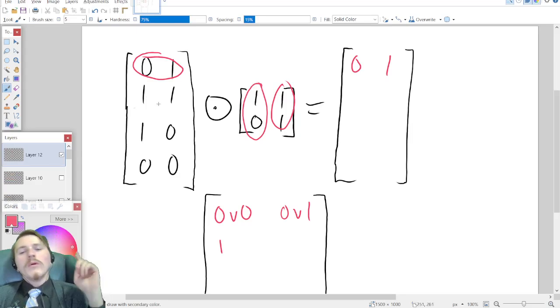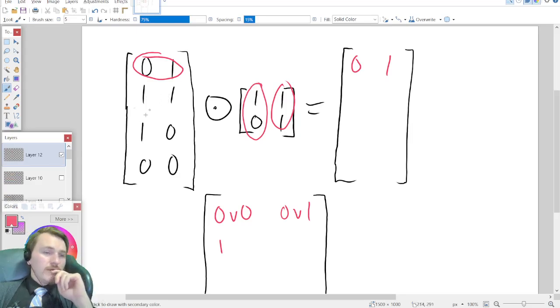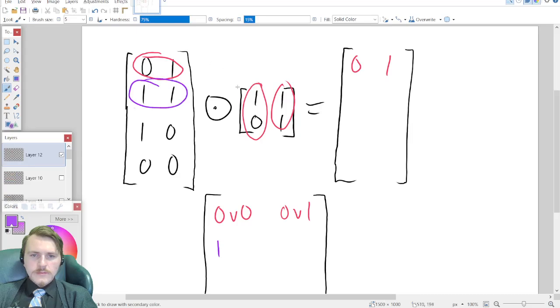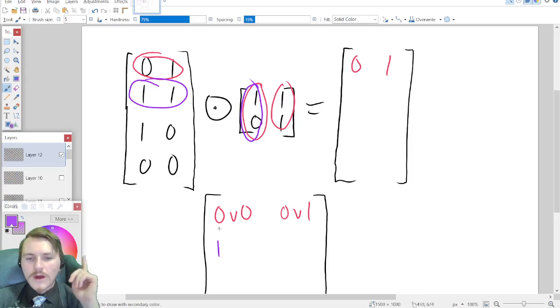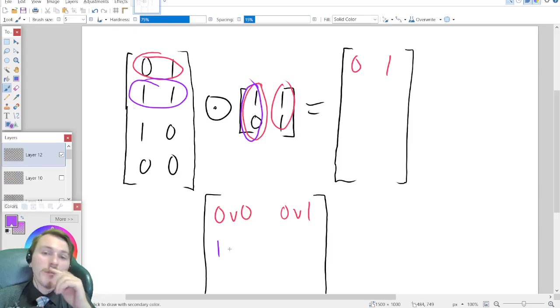Or, well, we can do a shortcut for this one. I'm going to change color. Not much of a shortcut in this case, but it's worth noting. 1 and 1 was 1. What do we know about our rules? Specifically, what do we know about how OR works? Everything past this is going to be a disjunction with something else, right?